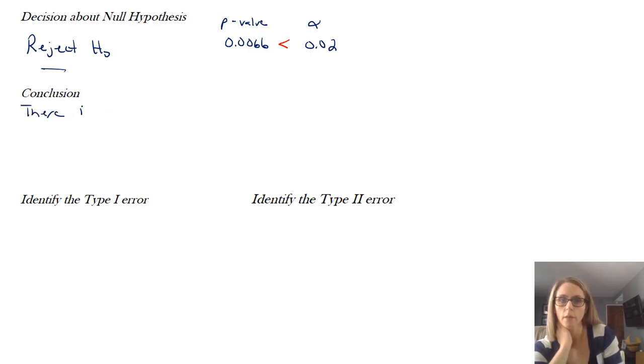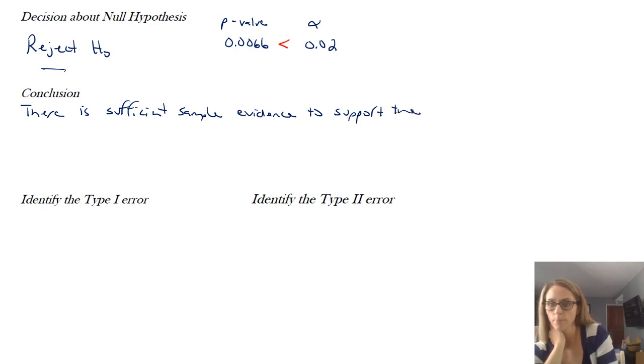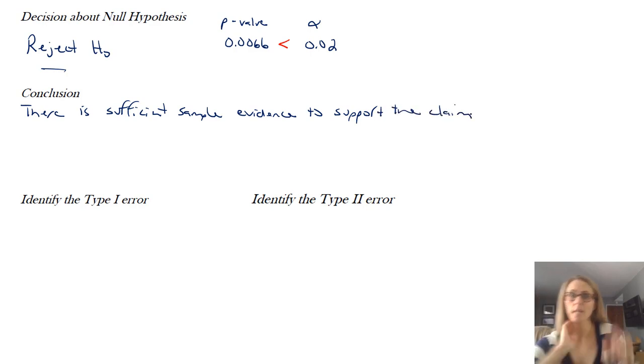In this case, there is sufficient sample evidence to support the claim. And then at this point, you just take a look back at the problem and reiterate whatever the claim is.